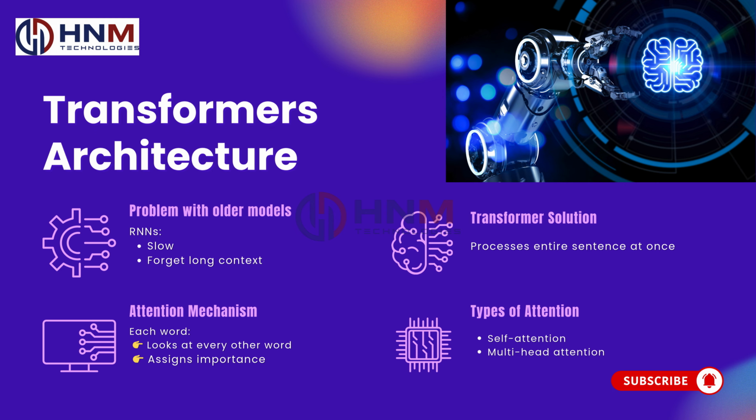Another key idea is multi-head attention, where the model looks at relationships from multiple perspectives simultaneously. One head might focus on grammar, another on meaning, another on context. This improves understanding significantly. Transformers also use positional encoding, because unlike sequential models, they don't inherently know word order. Positional encoding injects information about the position of words in the sentence.